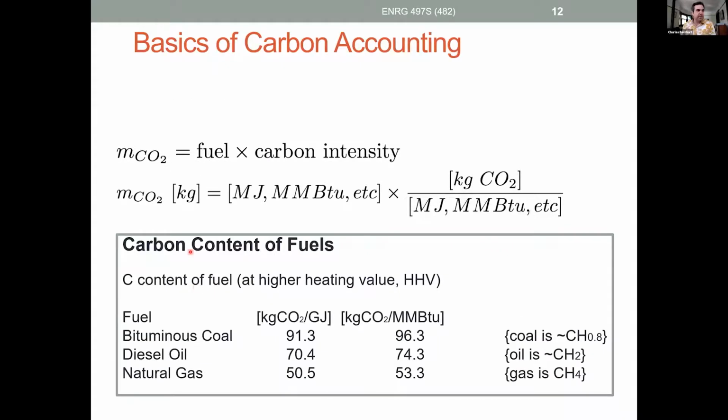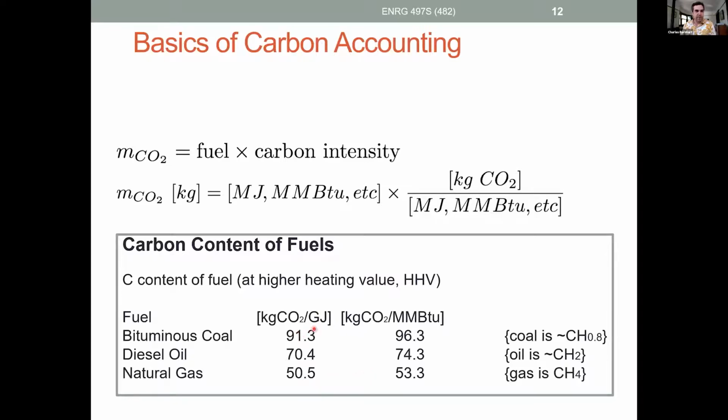All right, so here are a few carbon contents of fuels. We already looked at that huge list from the EPA and the GHG stationary combustion tool, but here are the ones you'll most commonly use. There's coal, bituminous, that's like the coal from Powder River Basin, and that's most all the coal we burn in the United States. Diesel oil, I really should have gasoline up here, and then natural gas.